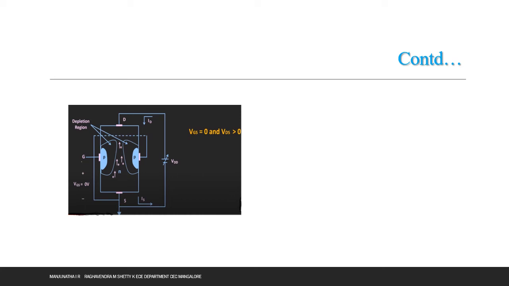So when we give voltage VDS greater than 0 volts, what will be the effect on the depletion region between the PN junction?